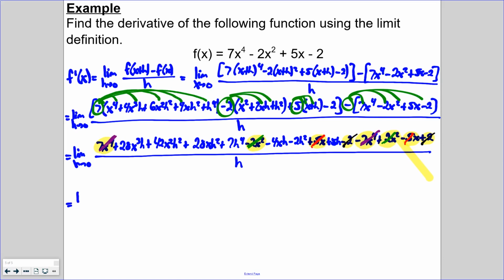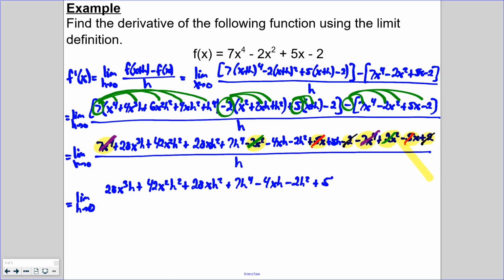Well, still a bunch. So let's see, we're going to have 28x cubed h plus 42x squared h squared plus 28xh cubed plus 7h to the fourth minus 4xh minus 2h squared plus 5h all over h.